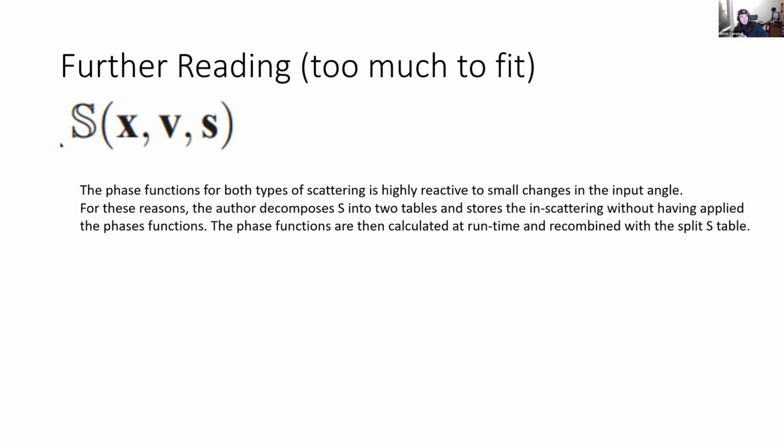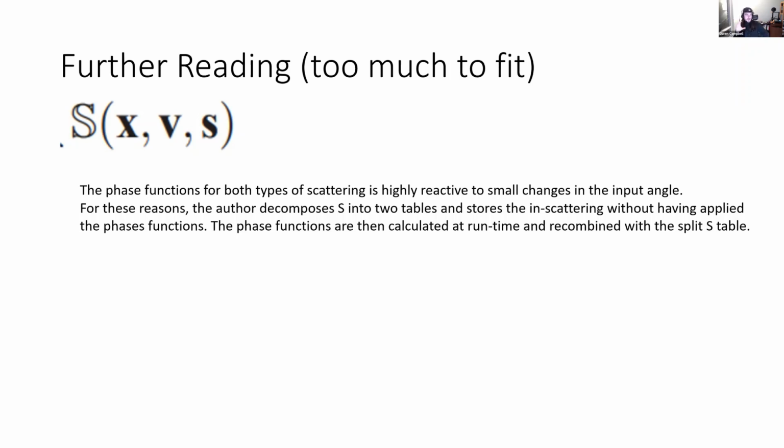This is the in-scattering table, which is the light scattering in along your ray. Again, the phase part of the scattering affects this a lot, and that requires some pretty precise numbers. So in the real implementation, they decompose this table into two parts. One is the Rayleigh part, one is the Mie part, and they remove the phase function from it.